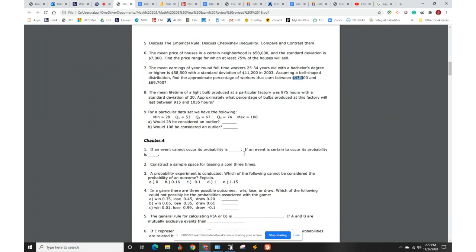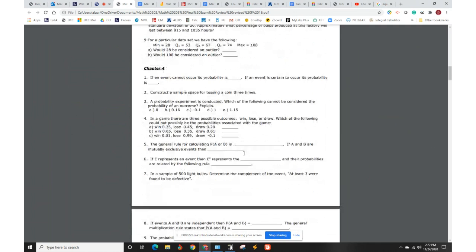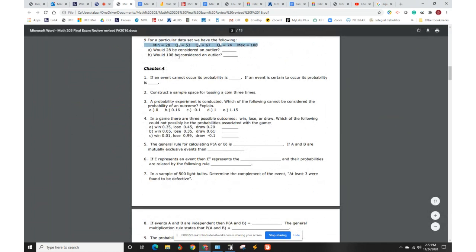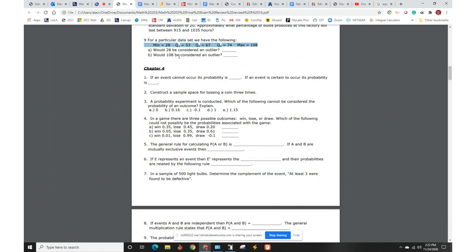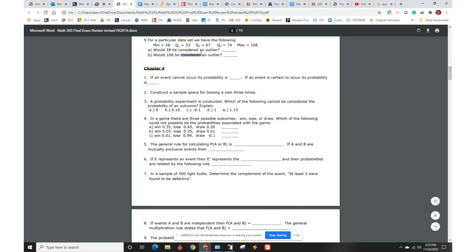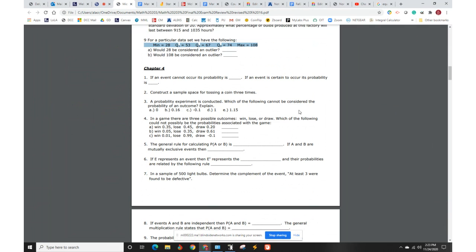All right, now this right here is one of the important things in the chapter, and it's kind of the highlight of chapter 3. It's where you're dealing with finding an outlier. Remember, they're giving you these things here. You're not having to calculate them. So that kind of cuts down on the amount of work that's to be done.